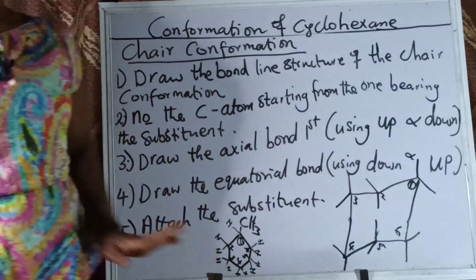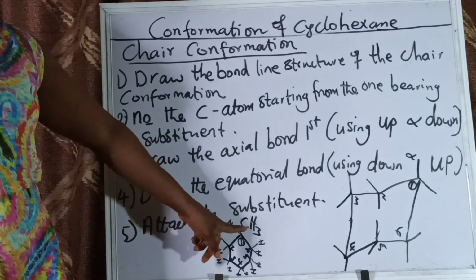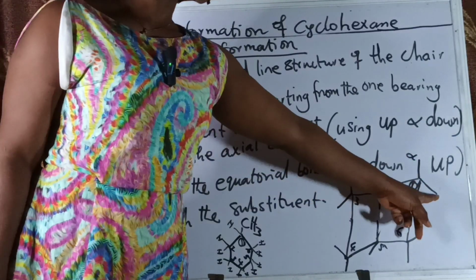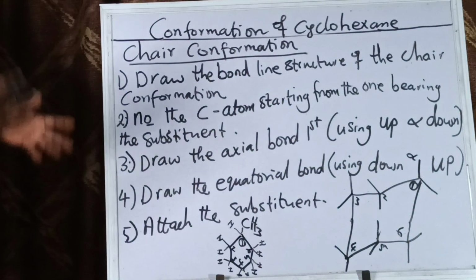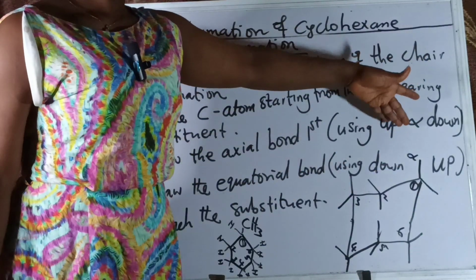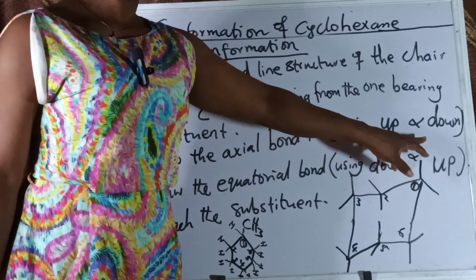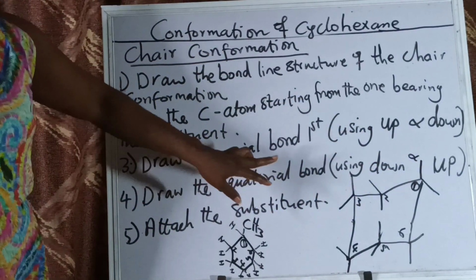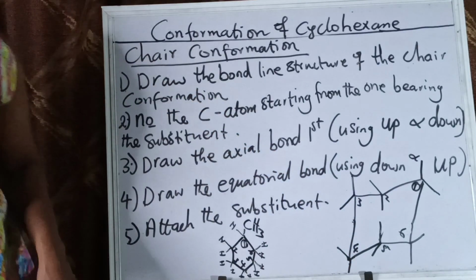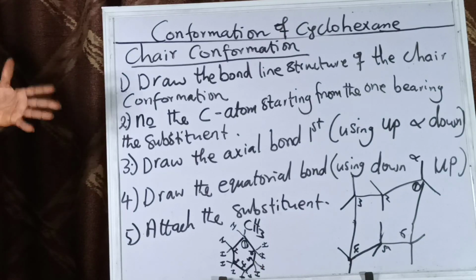Do you understand? There will be no issue. But methyl is bulkier than what? Hydrogen. So we have to attach it to the equatorial because that will give us a more stable configuration. The steric repulsion between the substituent placed at the axial position and the hydrogen on carbon number 3 and carbon number 5 is what we call 1,3-diaxial interaction.